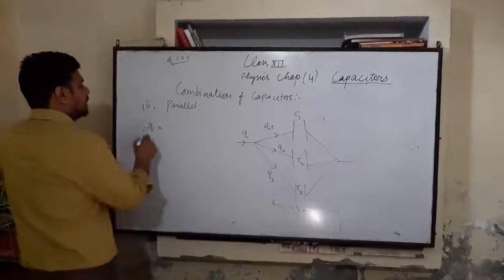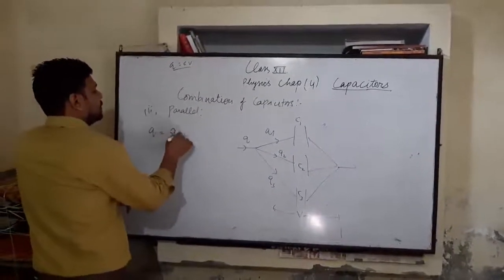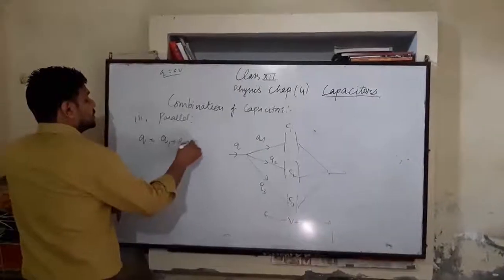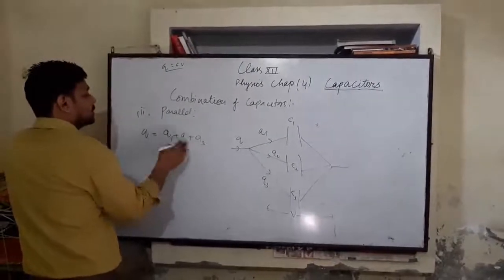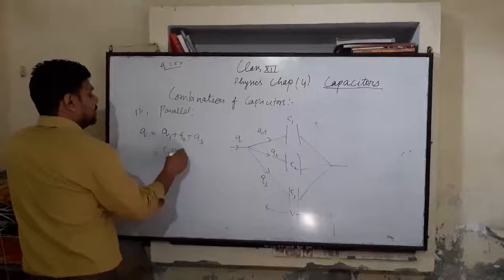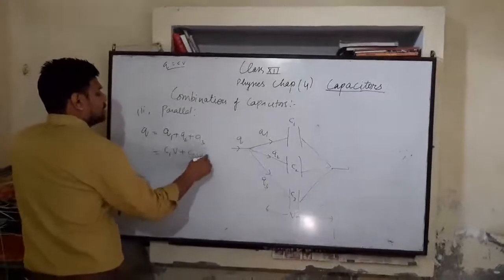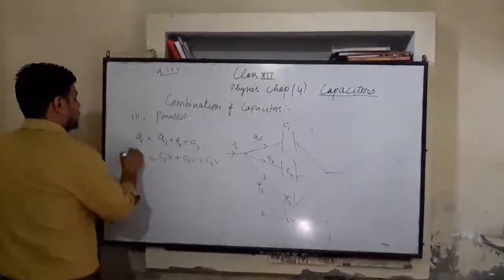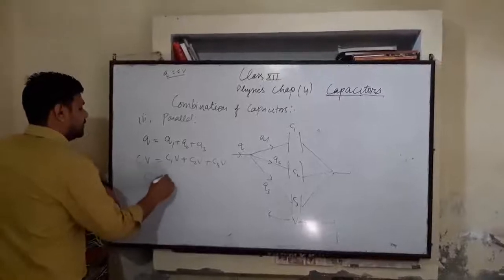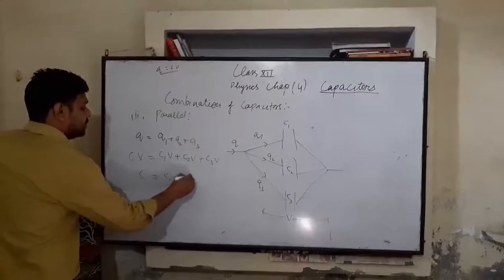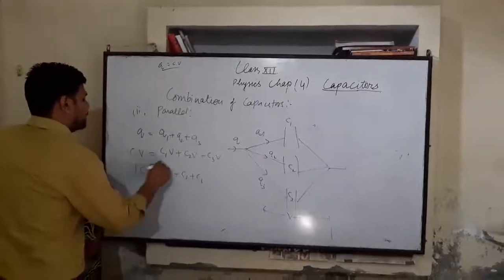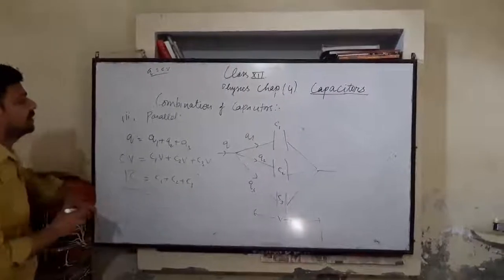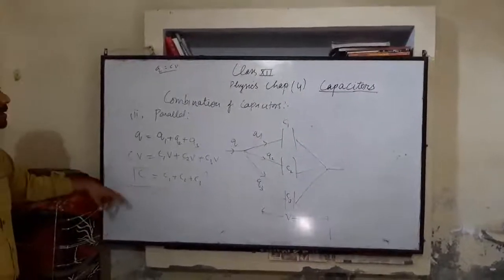So we start from Q is equal to Q1 plus Q2 plus Q3. Q is equal to CV, C1V, C2V, C3V. Cancel V: C is equal to C1 plus C2 plus C3. This is the expression for the equivalent capacitance in the parallel manner.